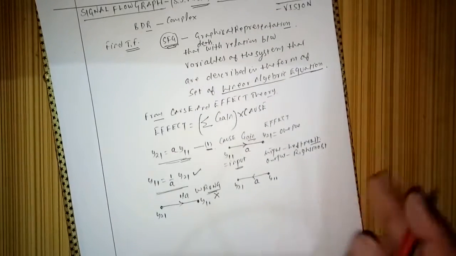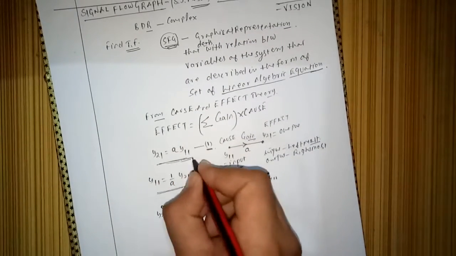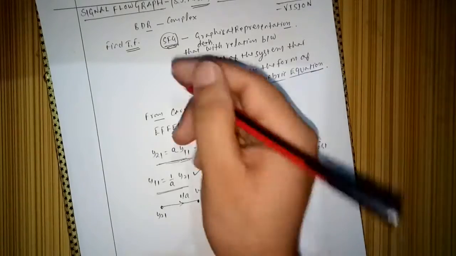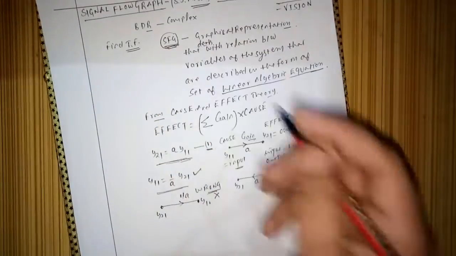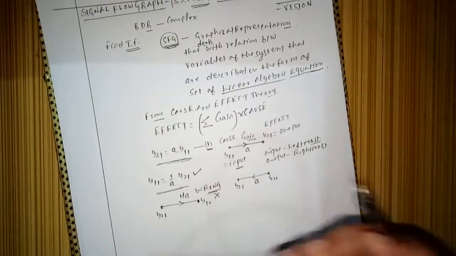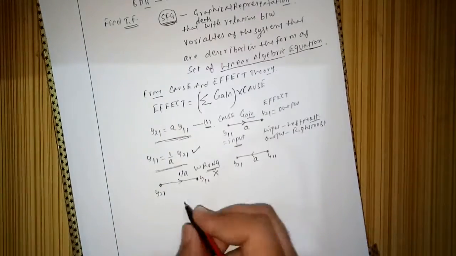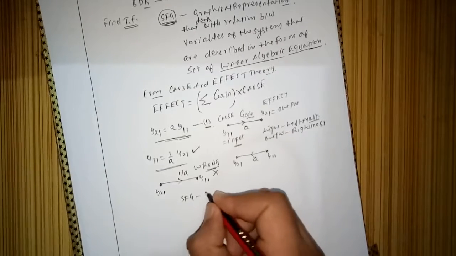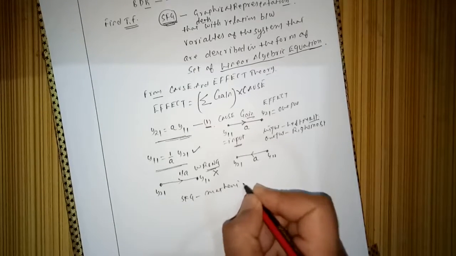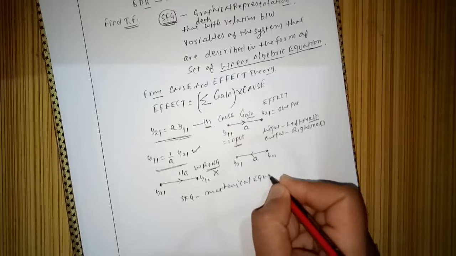One more thing: you have seen this simple equation only, but generally a signal flow graph consists of a number of mathematical equations. So signal flow graph involves mathematical equations, right?